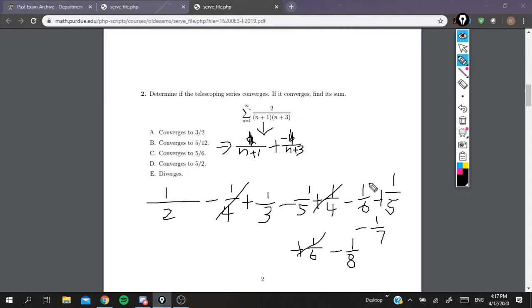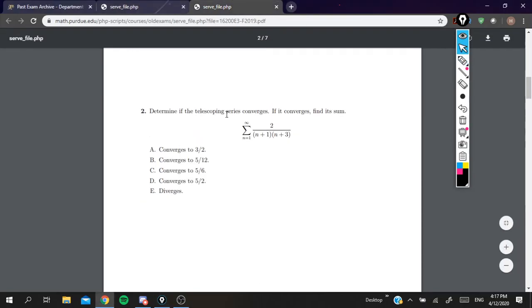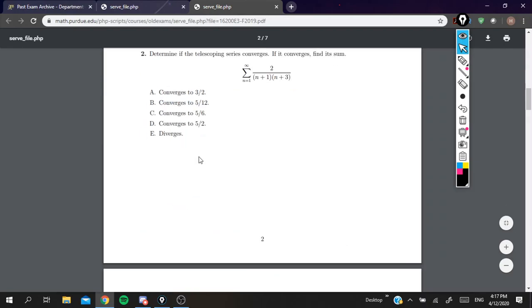The 6 cancels out, 5, and so on. So later it would cancel out 1/7 and 1/8. So you're left with a half plus a third, which will give you 5/6. And yeah, the first two are C and C.